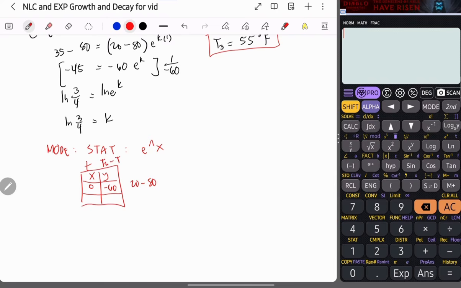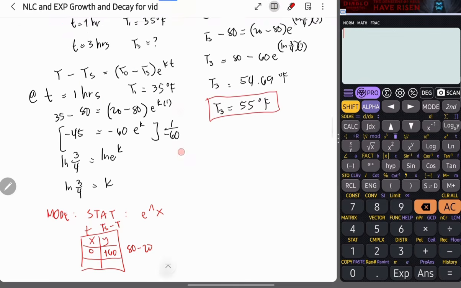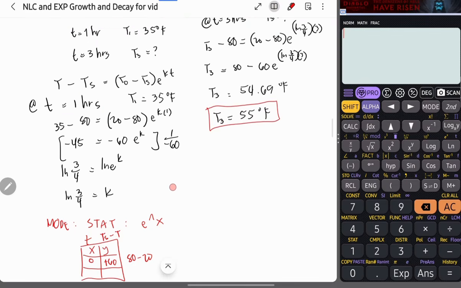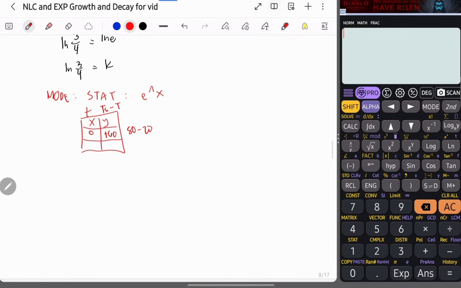Ts minus T. So that the result is positive. 80 minus 20. So the result now is positive 60. Next, when the time is 1 hour, temperature is 35. So Ts is 80 minus 35. So 80 minus 35 is 45.